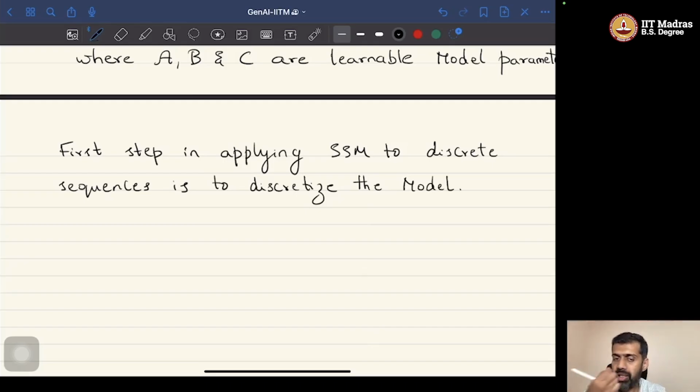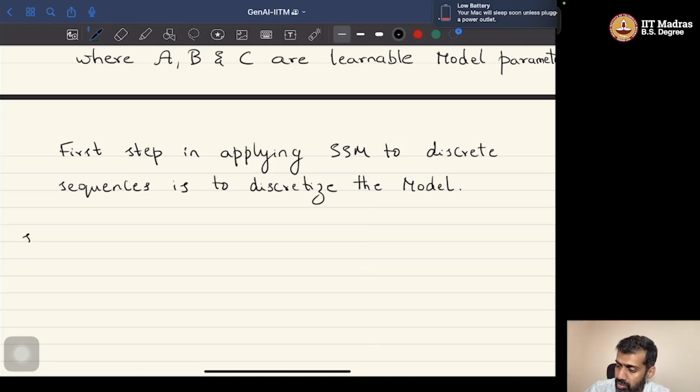What is meant by discretization? One needs to go to the classical signal processing realm. Suppose you have a continuous time signal. There are multiple ways to discretize it, one of which is sampling. So samples of the signal are considered at discrete times. Now once the signal is sampled, the underlying state space equation will change corresponding to the type of sampling that is being considered. So let us look at what happens.